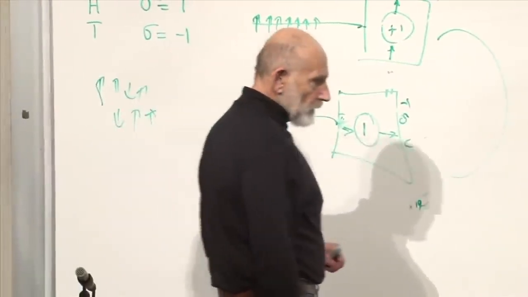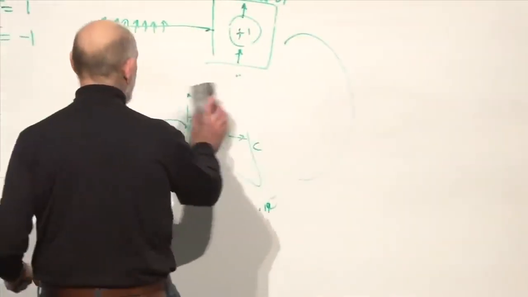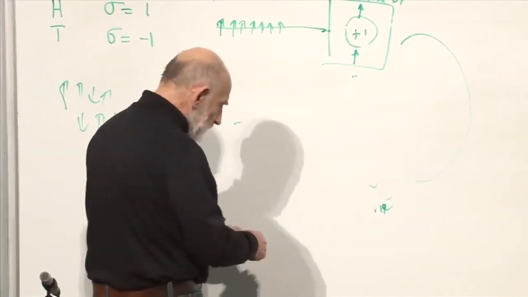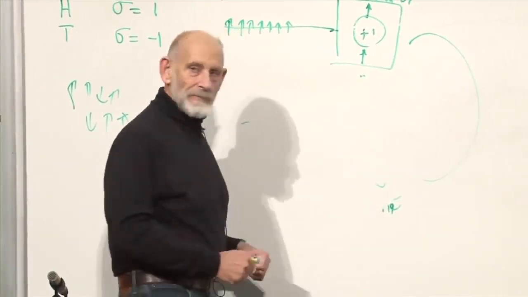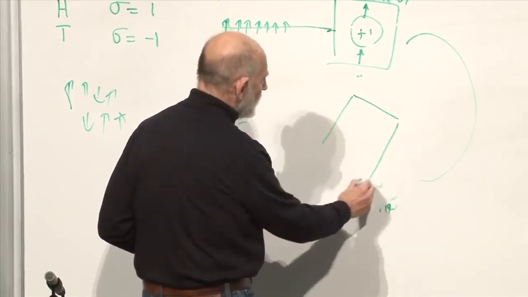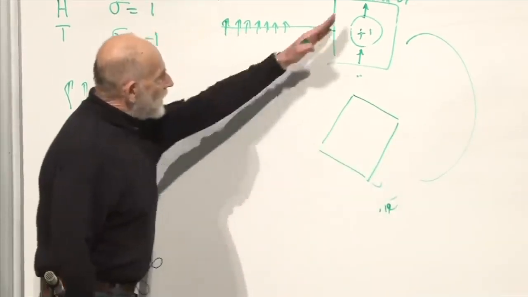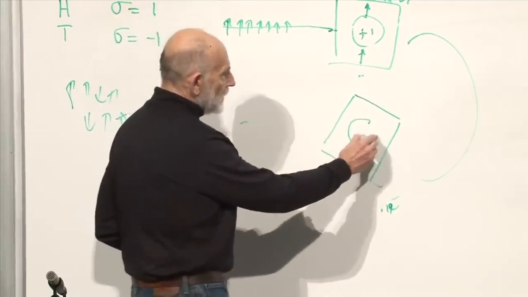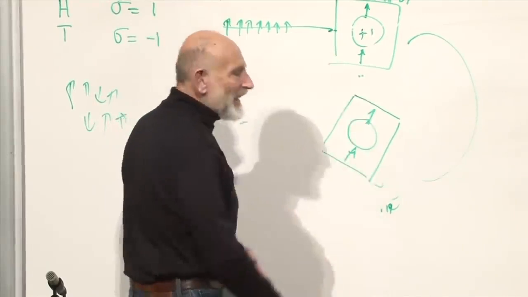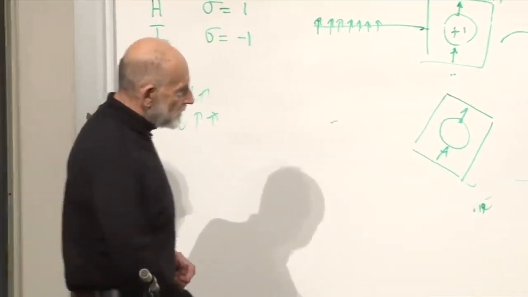Same setup to begin with, but instead of rotating the detector by 90 degrees, let's rotate it by an arbitrary angle, so that the internal detector orientation is now characterized by some angle theta relative to the vertical.